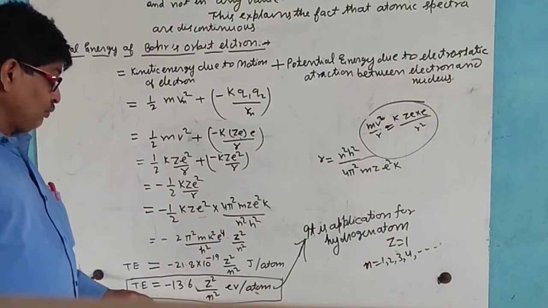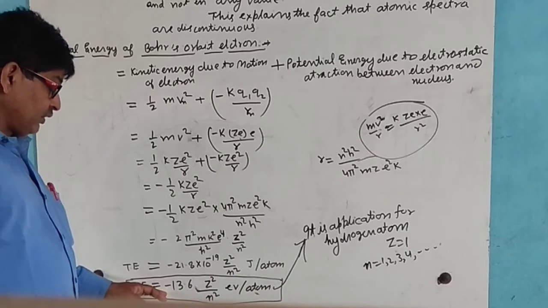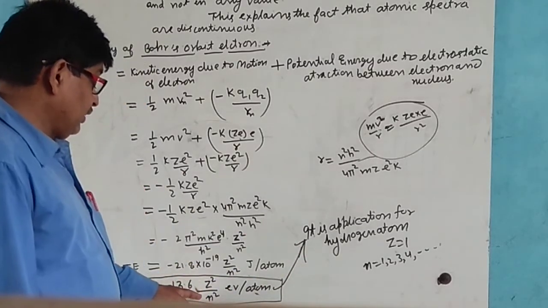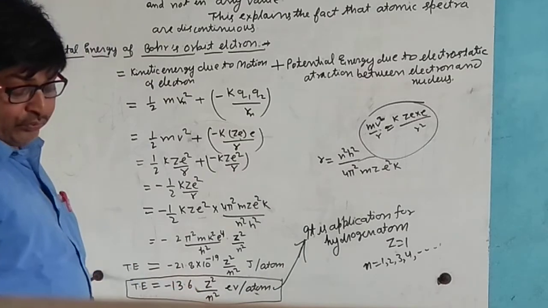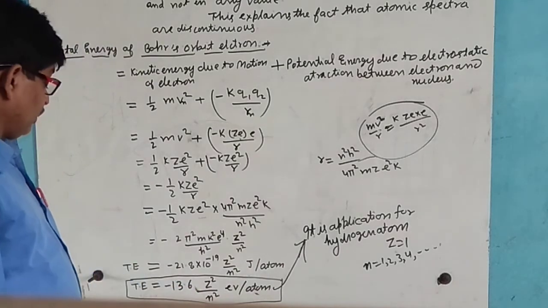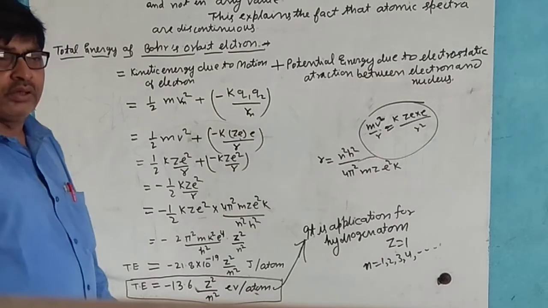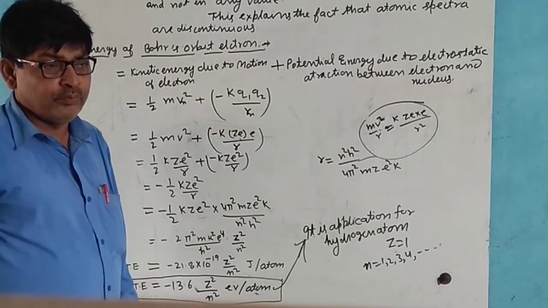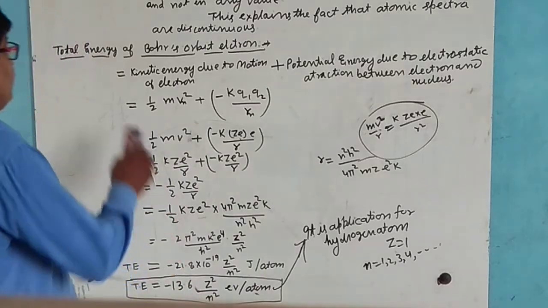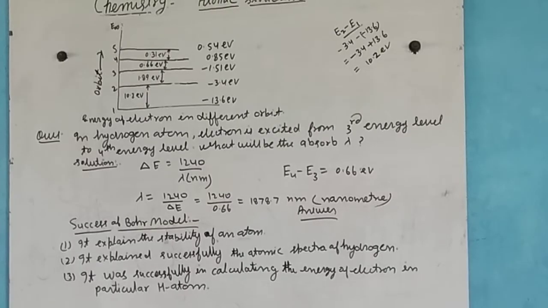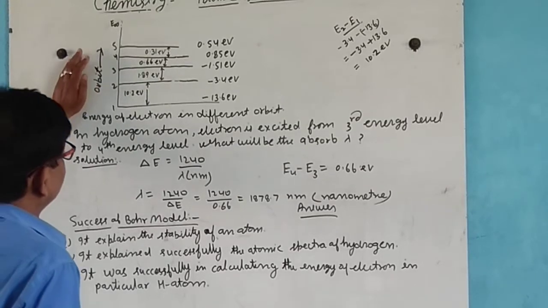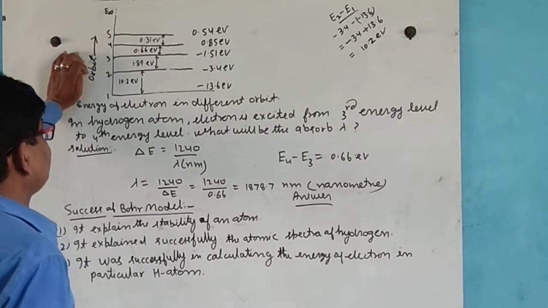Now in this case for hydrogen we put Z and n, and we get the total energy of the first, second, third and so on Bohr orbit. This is the energy of the orbit.